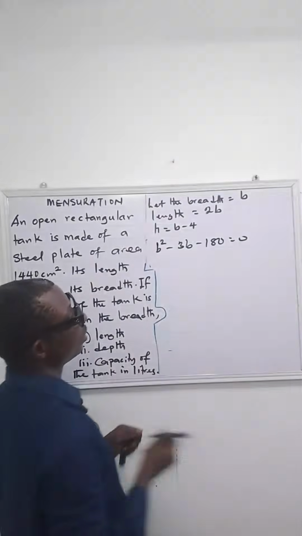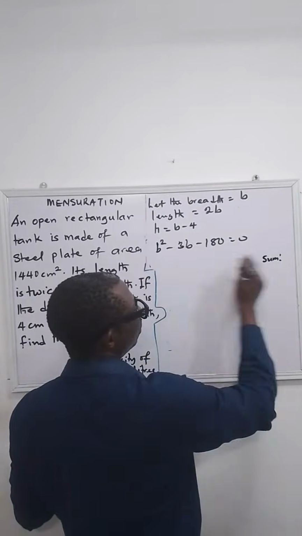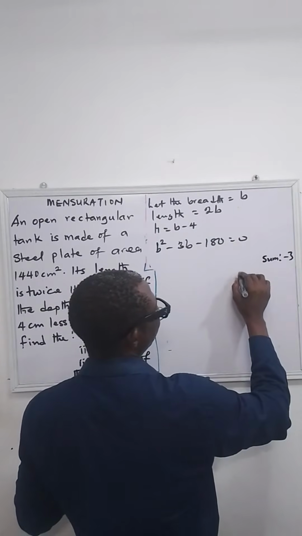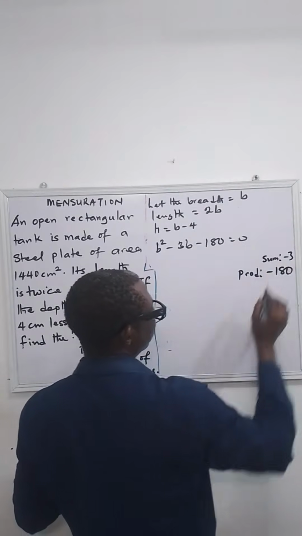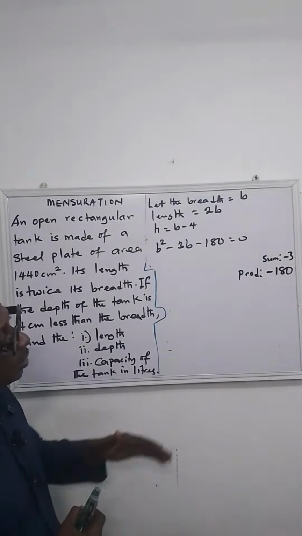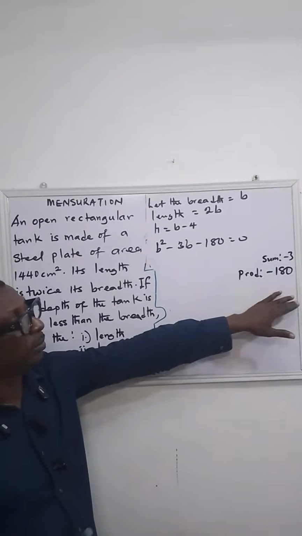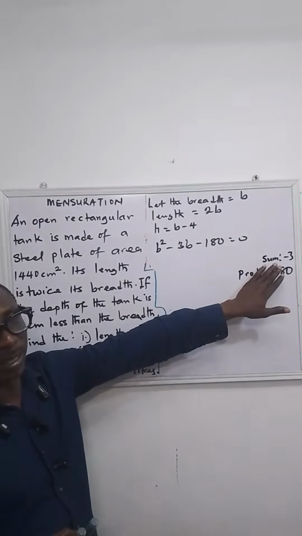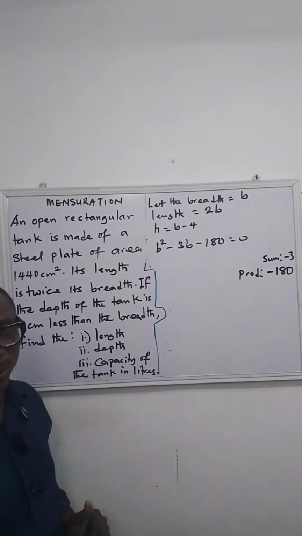The sum is the coefficient of b, that's negative 3. And the product is what? Negative 180. So we need two numbers such that when multiplied together, you have negative 180, and when added together, you have negative 3. What are the two numbers? Can you drop that in the comment section?